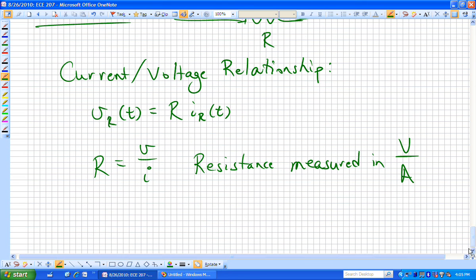We know what voltage is, or volts. That's the unit of measurement for voltage. Current, the unit of measurement is amps or amperes. Resistance is then the units volts per ampere, or this capital omega, or ohms.